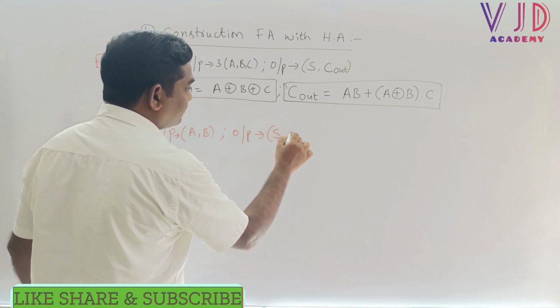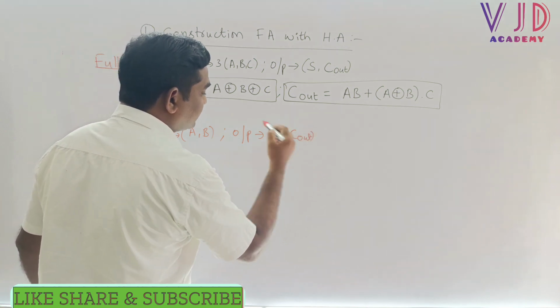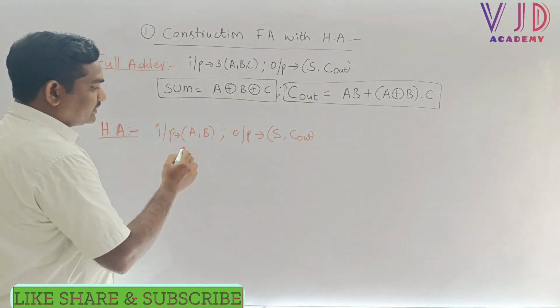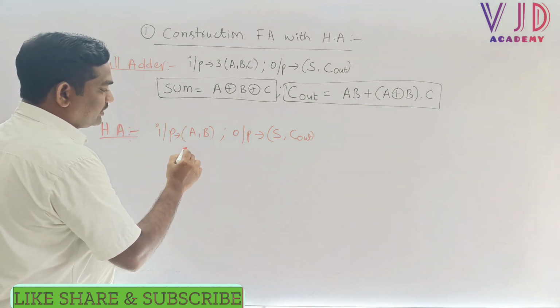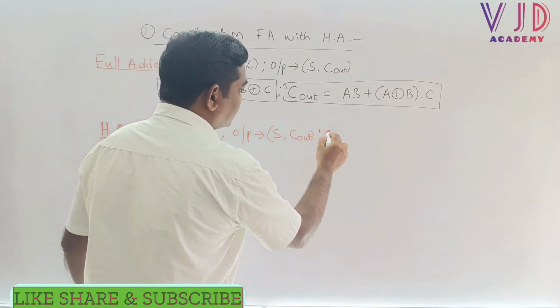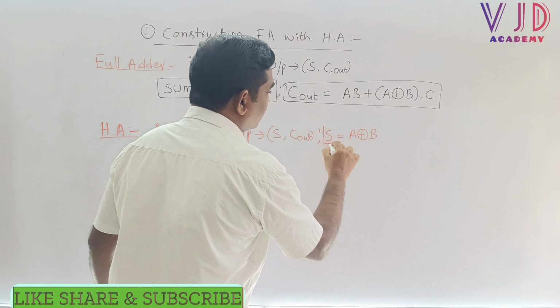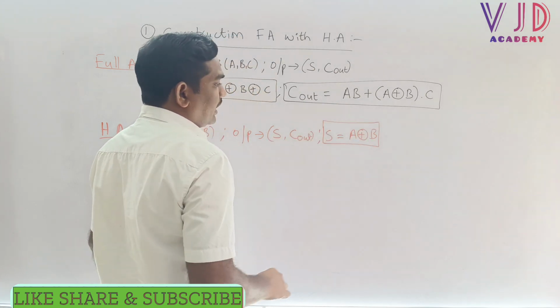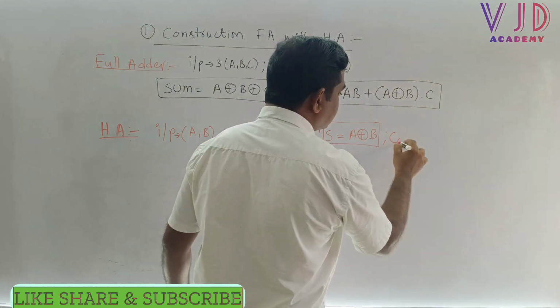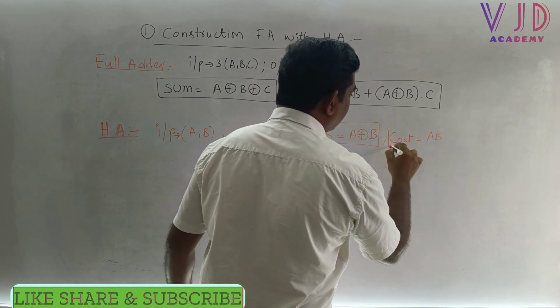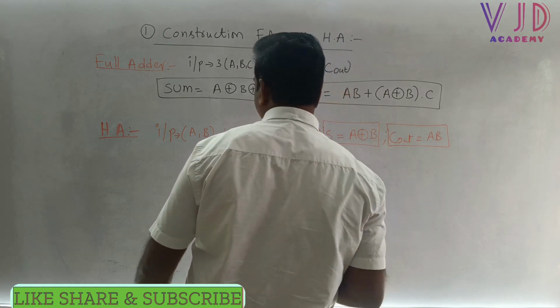The first one is sum and the second one is C out, carry. Can anybody tell me what is the sum expression? We know that the sum output is S equals A XOR B. This is the sum output of the half adder. And what is the carry output? C out equals A into B. This is the carry output.